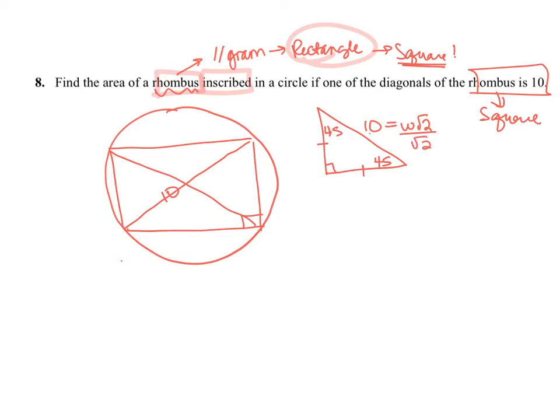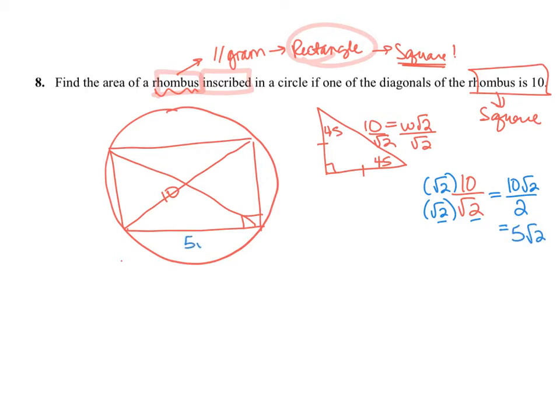Divide by root 2. I'm going to go over here to simplify. Now, if you remember, we can't leave a root 2 in the denominator because it's improper. So we're going to simplify. Square root of 2 times the square root of 2 is the square root of 4, which is 2. When we reduce this, we're left with 5 root 2.